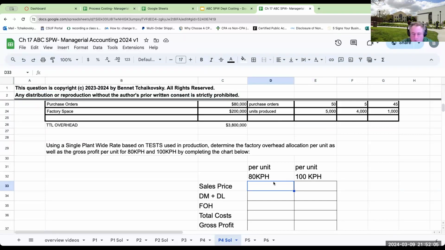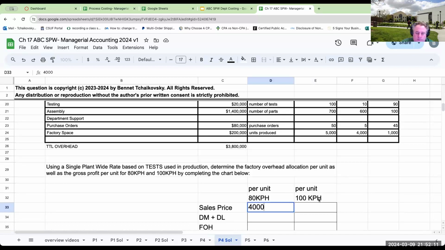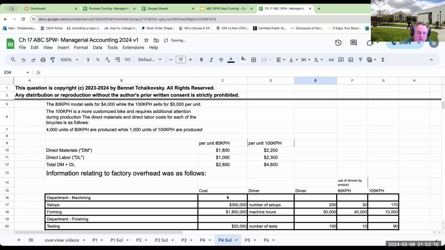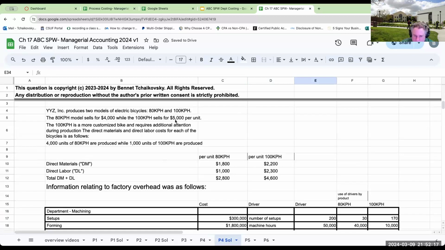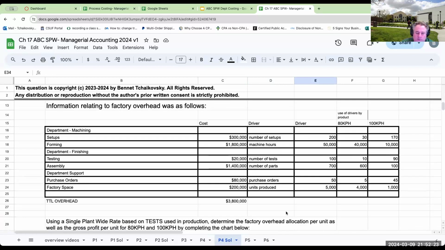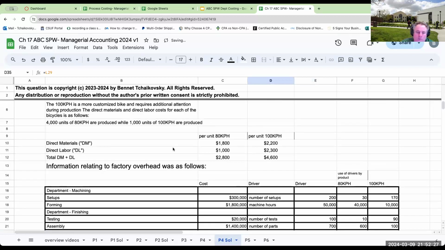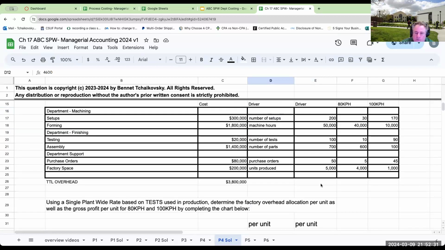Now, our sales price for the 80 kph is going to be 4,000, while the 100 kph is selling for 5,000 per unit. We also know that my direct materials and direct labor for the 80 kph are 2,800. My direct materials and labor for the 100 kph are going to be 4,600.